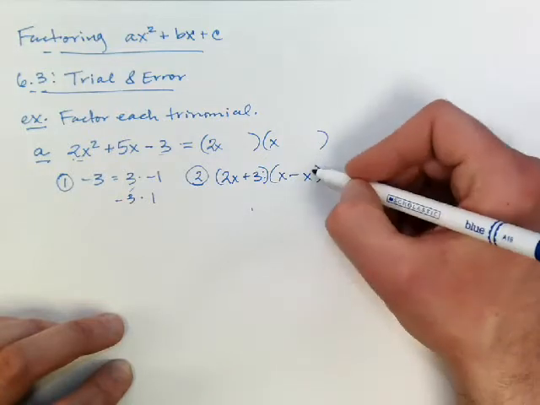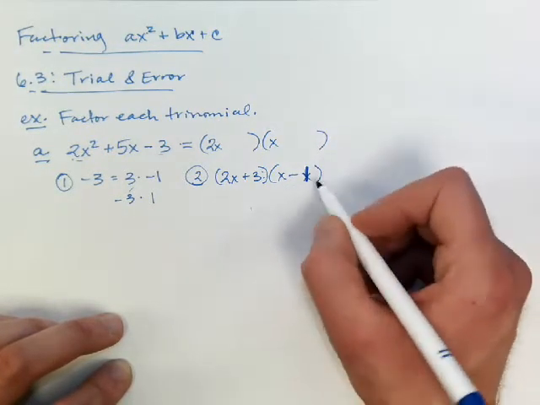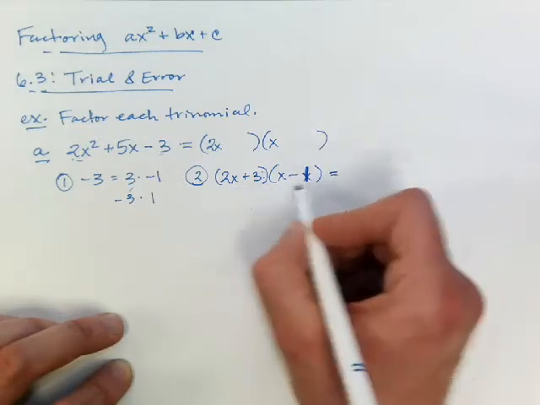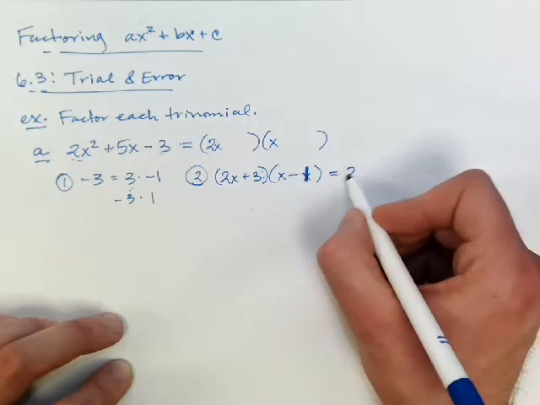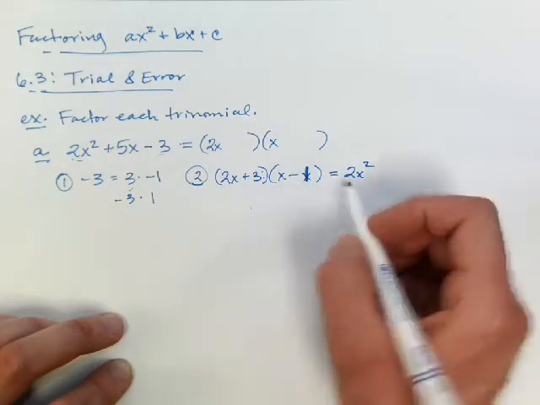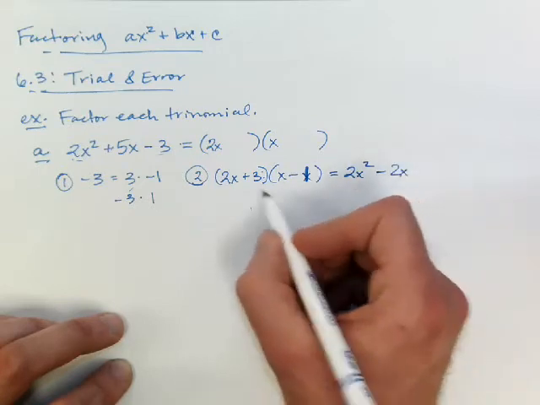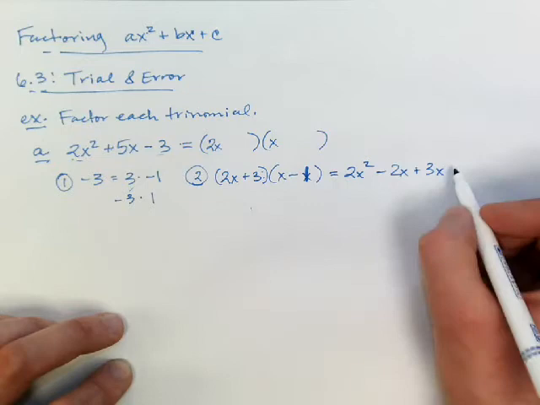Oh, sorry, x minus 1, not x minus x. Whole different thing. So then we FOIL them out and see if we can get the 5x. So we get 2x squared, 2x times x. 2x times -1 is -2x. 3 times x is plus 3x, and then we get 3 times -1 is minus 3.